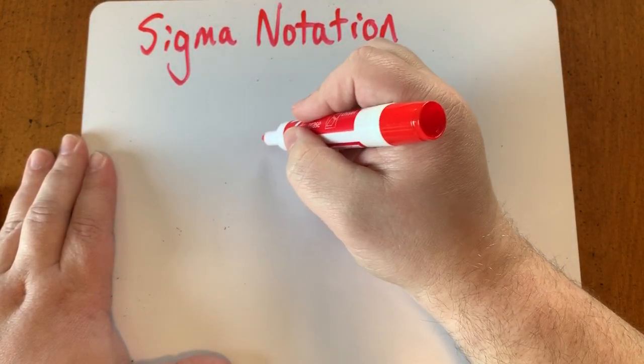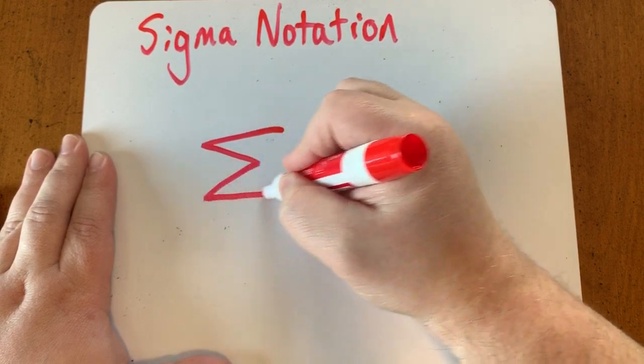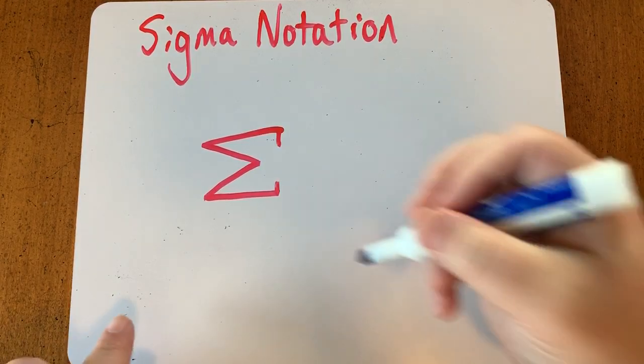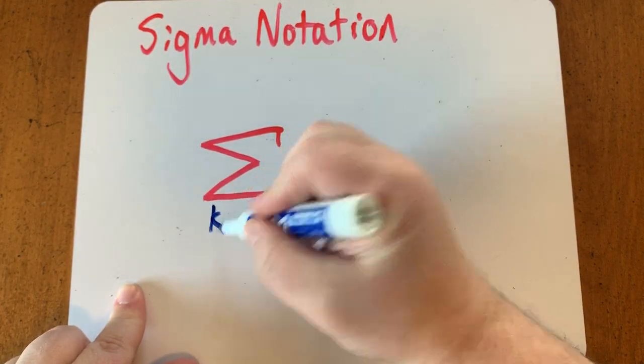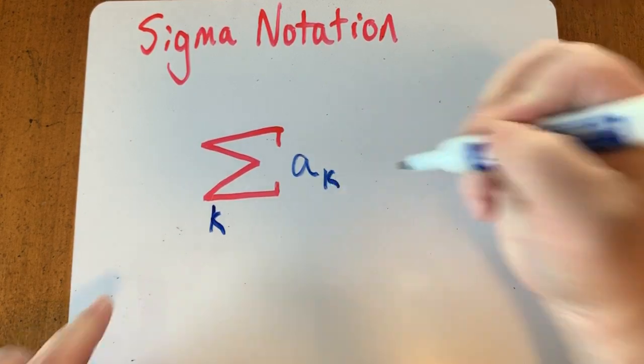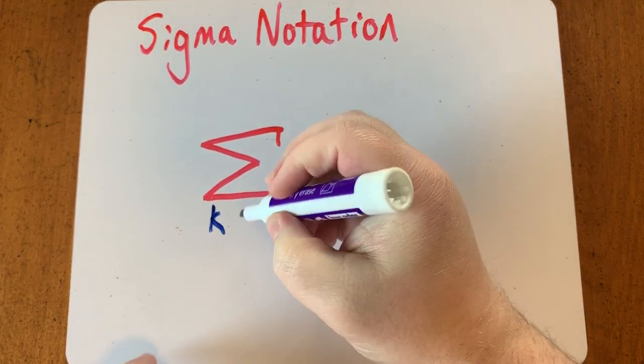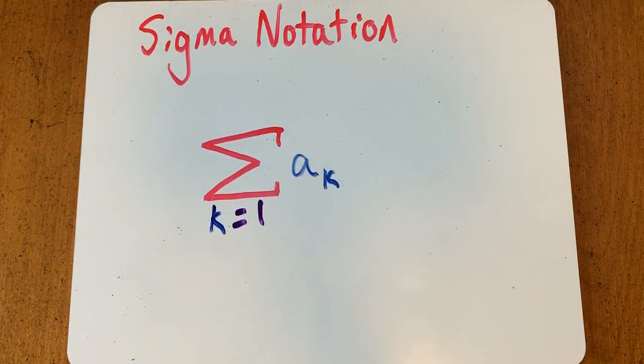So the core of sigma notation is the Greek letter sigma. It is a capital sigma. And K, A sub K. Just filling in everything, and then we'll describe it all.